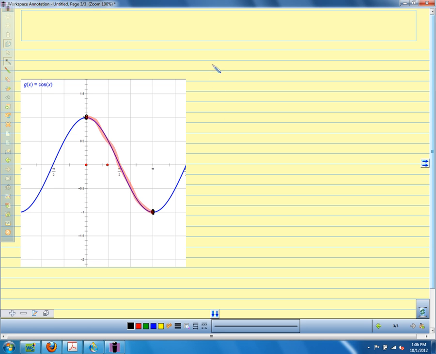So for cosine, for y equals cosine x, we restrict the domain between 0 and pi, and then we can define an inverse function. In between 0 and pi, cosine takes on all its values between +1 and -1.